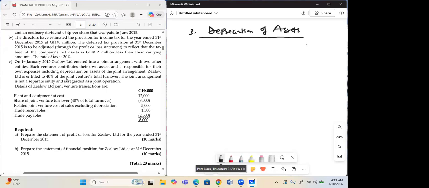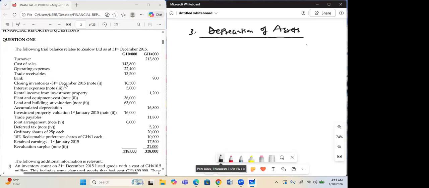Therefore, if we go back to our note 2, we are depreciating. Depreciation of assets. The first one is plant, right? So go to the trial balance and check if they've given me anything.